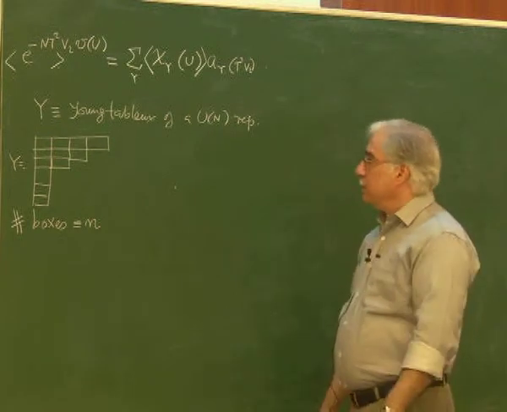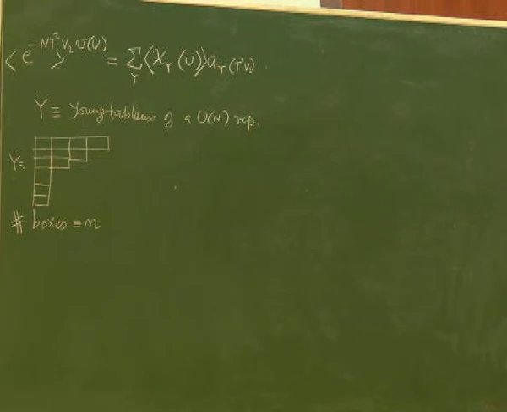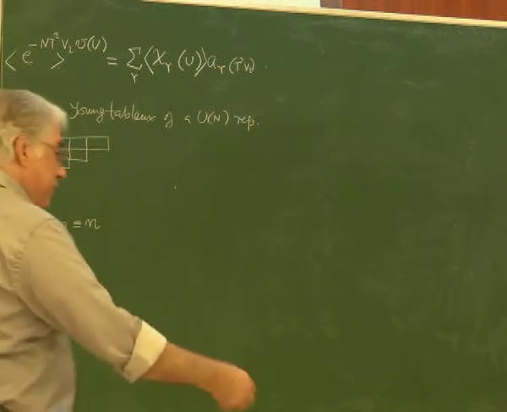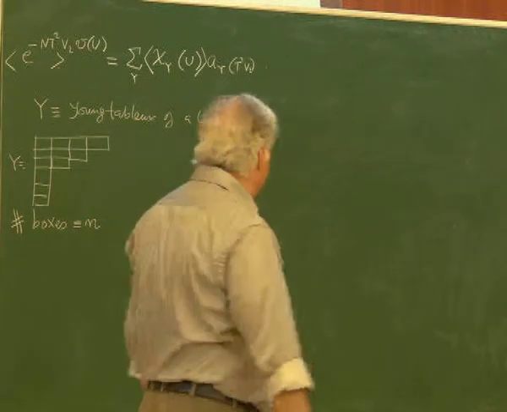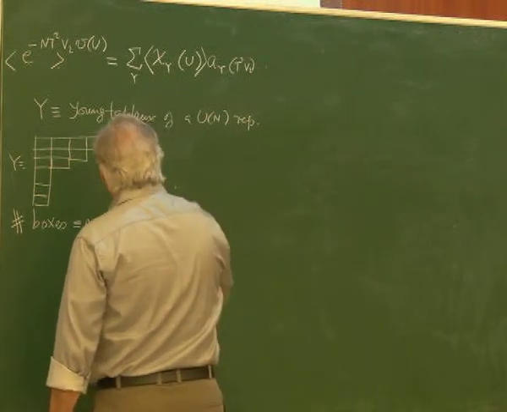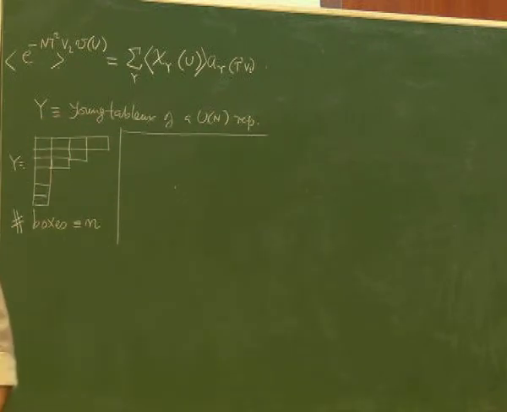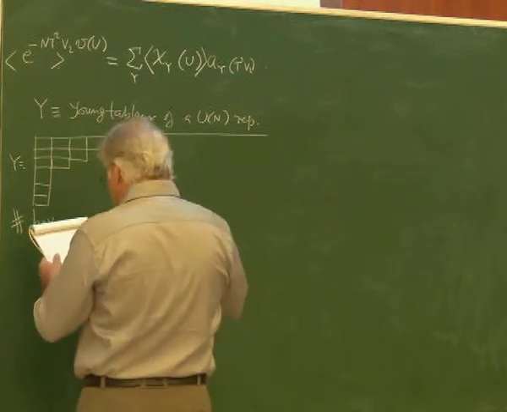So now there is a formula due to Schur which tells you how to write the character in terms of the Wilson loops or the Polyakov line. And this is not all very surprising, but Schur lived in the 19th century, I think. But it's a beautiful thing. So let me write down.